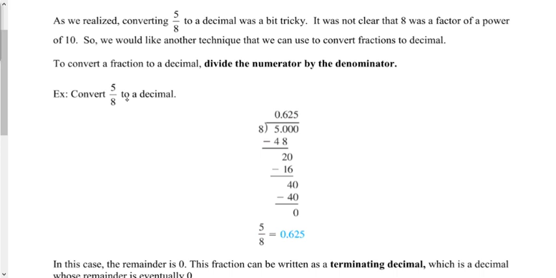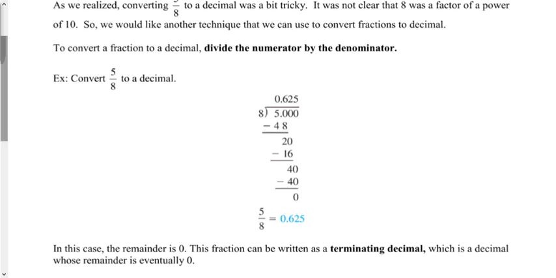You just keep adding zeros on until it works out fine. Now, this is what we call a terminating decimal, meaning that it ends. It goes in evenly. Eventually, we have a 0 down here.